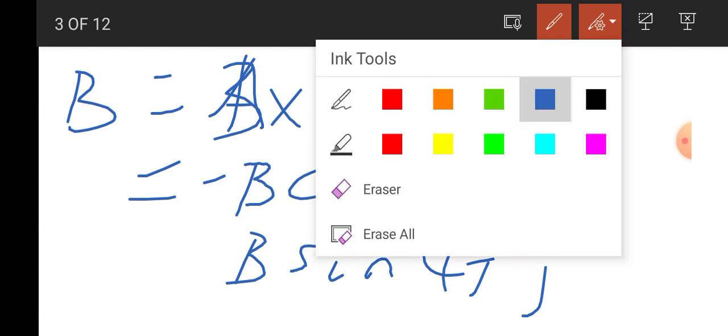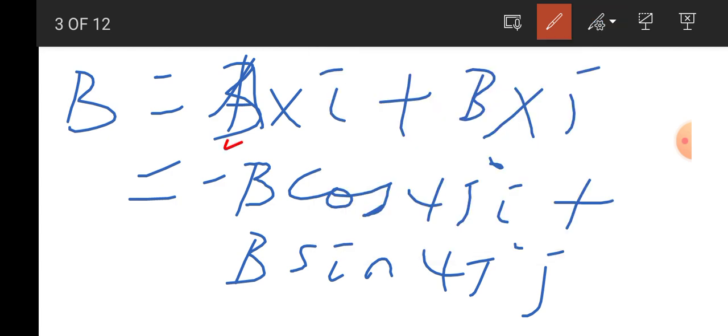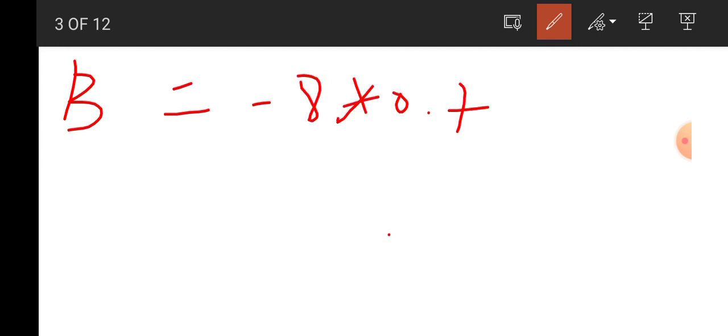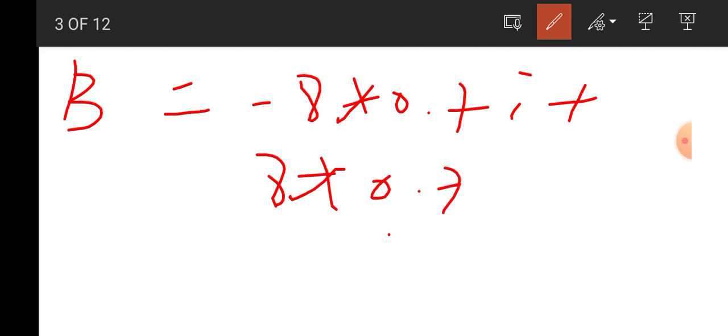Why did I say negative here? Vector B is in the second quadrant, and in the second quadrant cosine is negative, because of that angle. Sine is positive in the second quadrant. So vector B is equal to minus 8 times 0.7, cosine of 45 is 0.7, in the I direction plus 8 times 0.7 in the J direction.